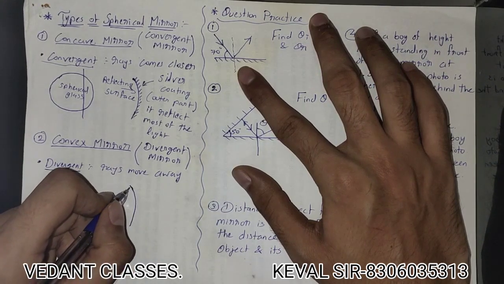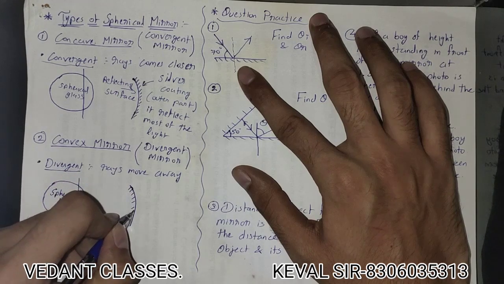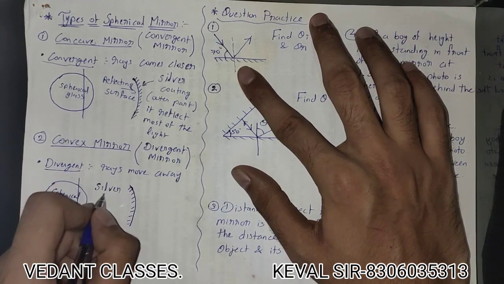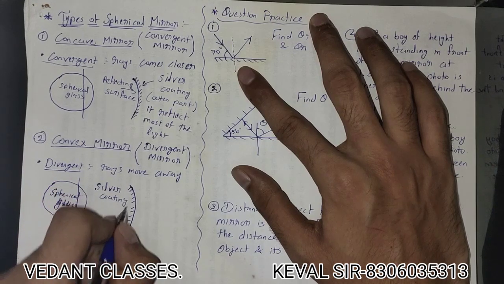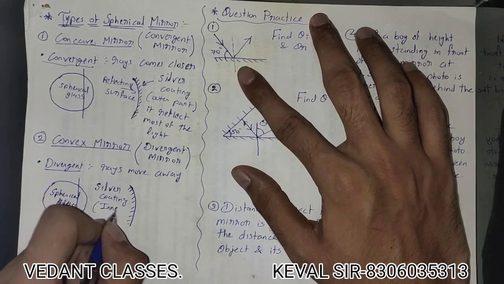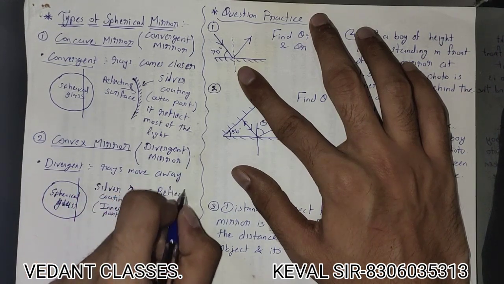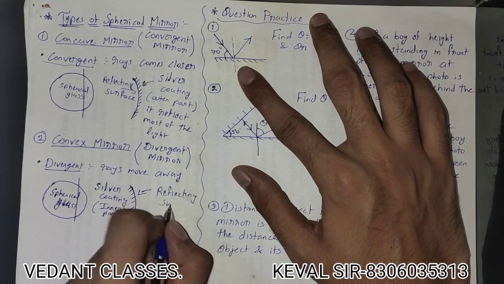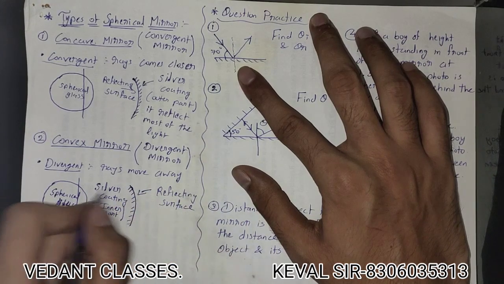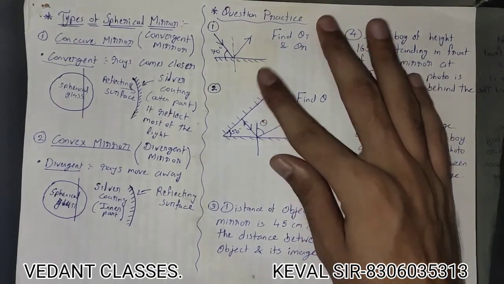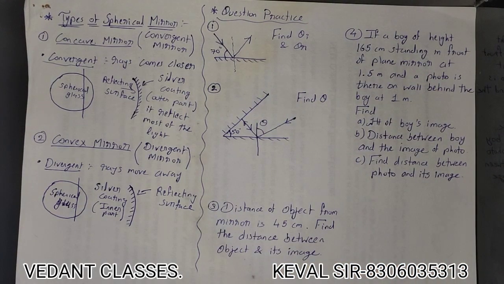This time you just need to apply the silver coating on the inner part, so you will get the reflecting surface on the outer part. This will be your reflecting surface, and this type of mirror is called a convex mirror. So this is all about the types of spherical mirror.